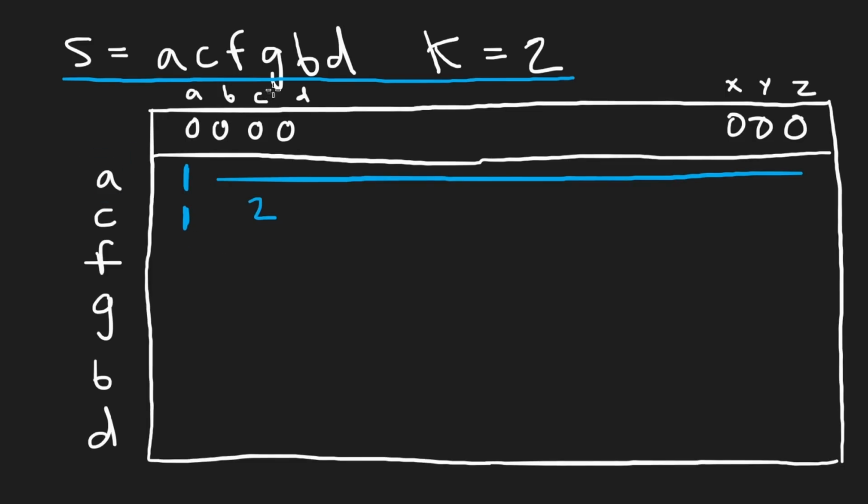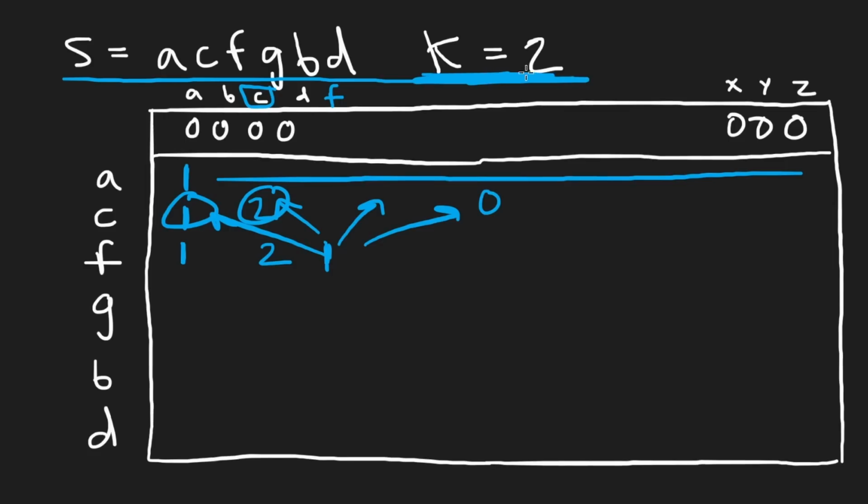If the last character is C, and we go all the way up until this point, the length would be 2, and it would be this string. Now, when we get down to F, we can put a 1 here, a 2 here, and wherever F is over here, there would be a 1, because we would look at every single character, and none of the positions that have a value greater than 0 would have a difference less than or equal to 2. So this is if we do the two-dimensional grid approach.